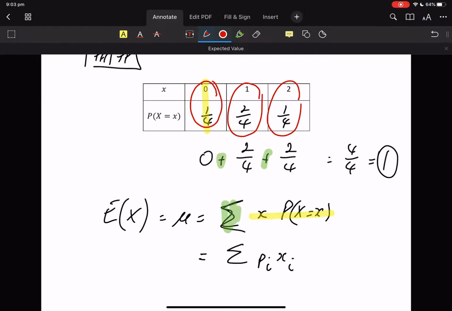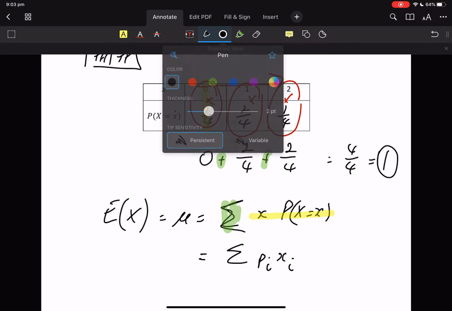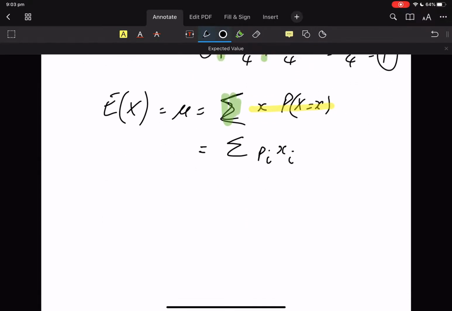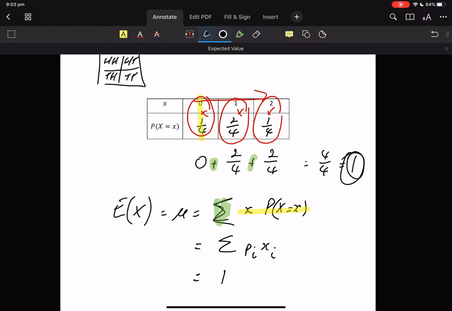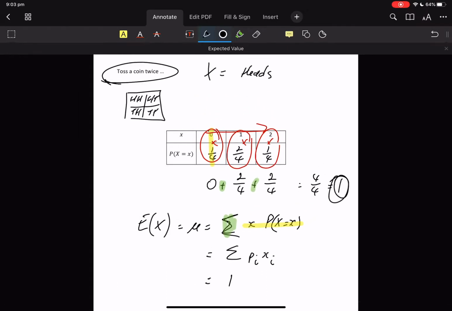And we're multiplying them together and then adding them across. Okay, how much fun did that look like? Oh, and here, clearly, it equals 1. In this particular case where I'm tossing a coin twice, how many heads I expect to get is 1.